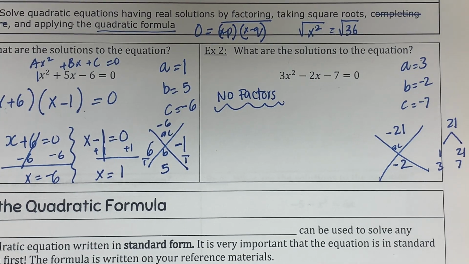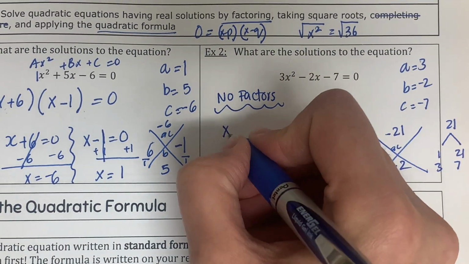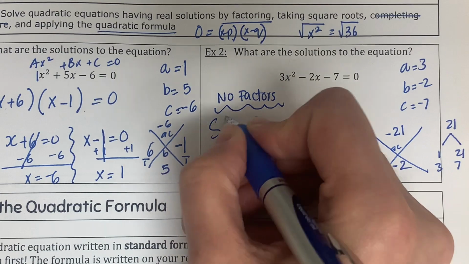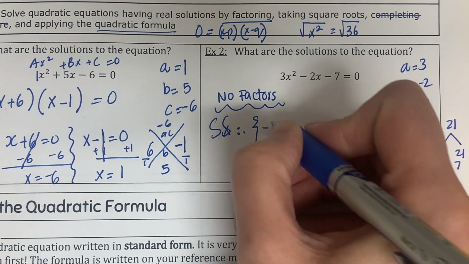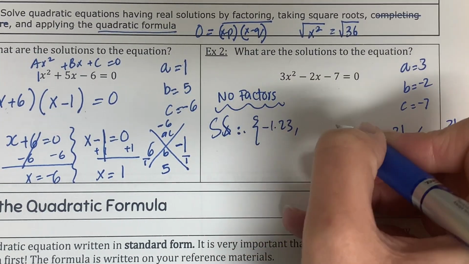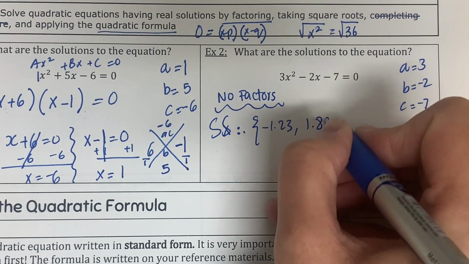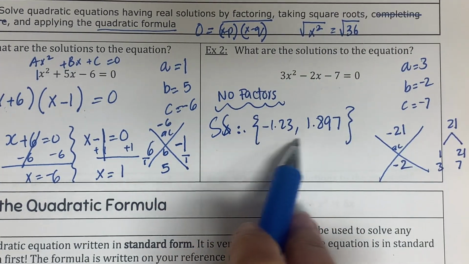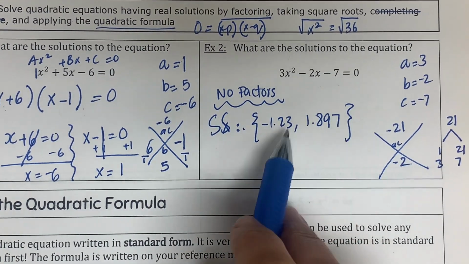And I'm checking in the calculator, and I actually saw that it does have x values. It does have a solution set, which is negative 1.23 comma 1.897. So it does have these weird x-intercepts with weird decimals.